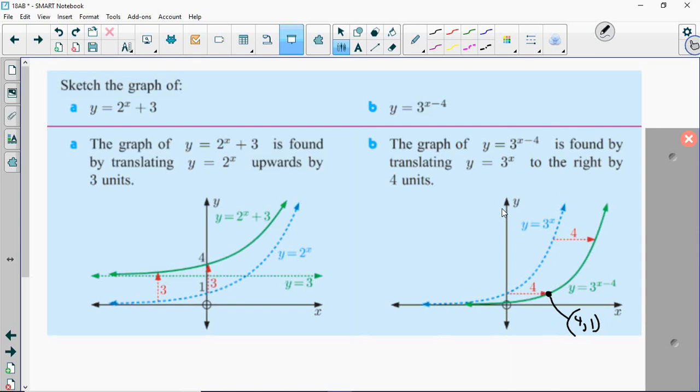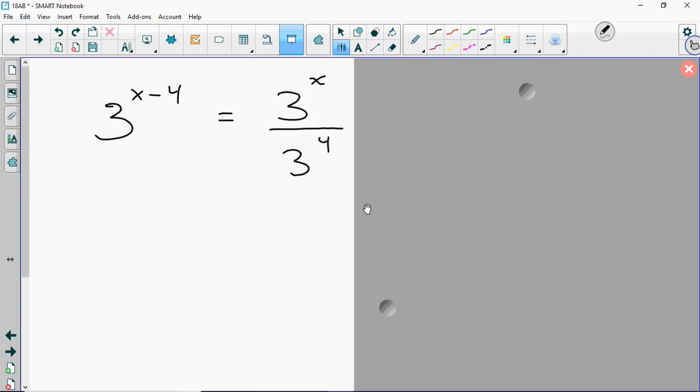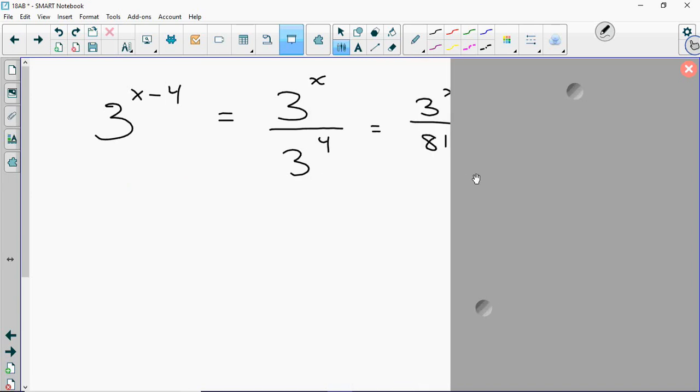But you know what? There's actually another way to do this one, if you prefer. So we have 3 to the x minus 4. When I write it like this, it says horizontal transformation shifted to the right 4 units, and that's true. However, using properties of exponents, this can be rewritten as 3 to the x over 3 to the 4. And 3 to the 4 is just the same as 81.